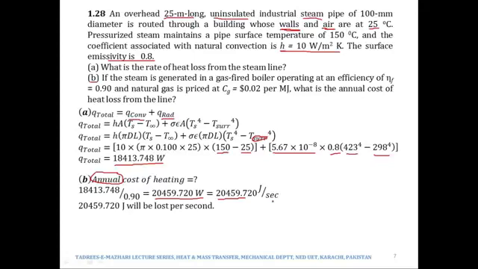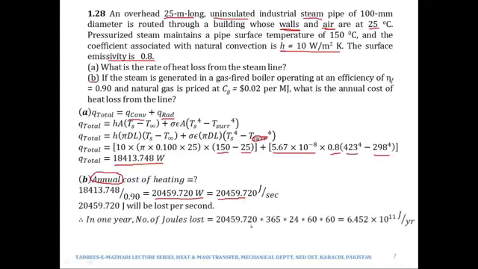So all we need to do is multiply this value of 20459 by the number of seconds in a year, which is 365 days times 24 hours in a day, times 60 minutes in 1 hour, times 60 seconds in 1 minute.